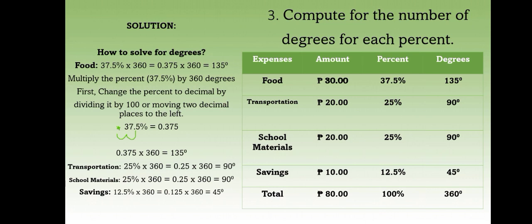For school materials, 25%, change it to decimal form, we have 0.25, and multiply by 360 degrees, we get 90 degrees. For the savings, 12.5%, change it to decimal form, we have 0.125, and multiply by 360 degrees, we get 45 degrees. A total of 360 degrees.